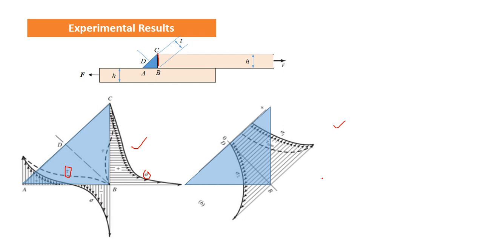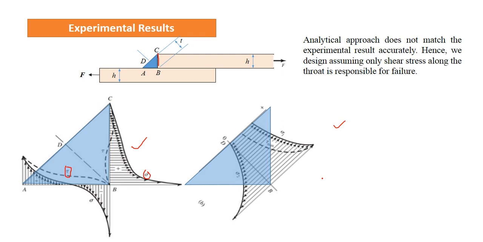So these are the experimental results, and whatever we discussed in the previous slide was the analytical result. It is very difficult to correlate the analytical and experimental results, so we go for the easiest and conservative method, assuming that the failure takes place along BD.